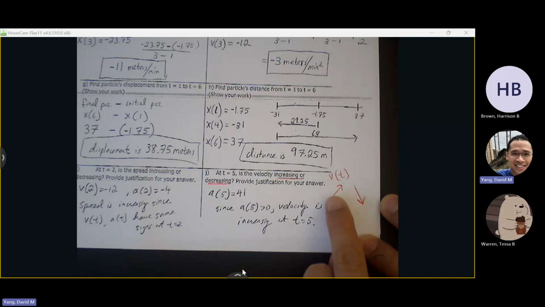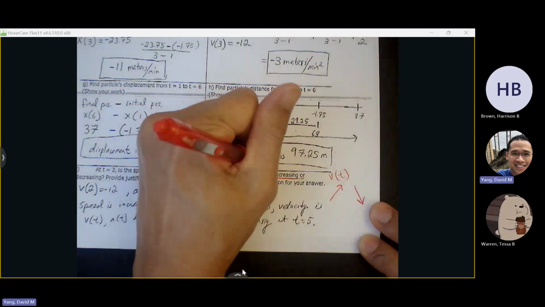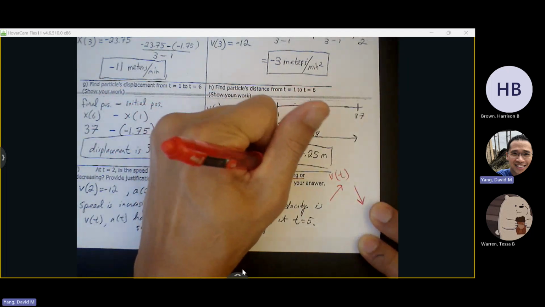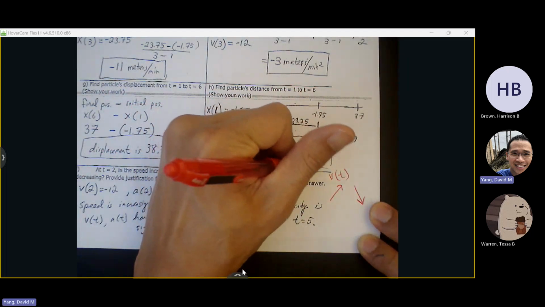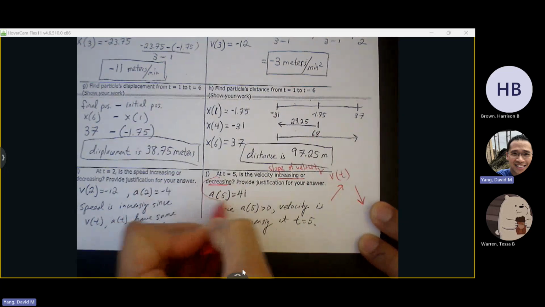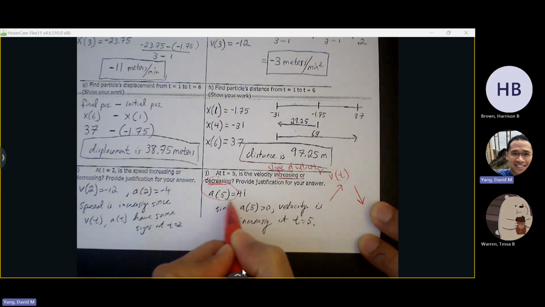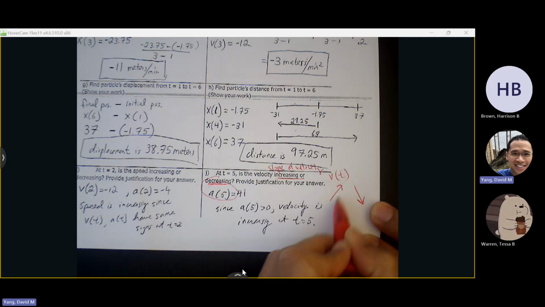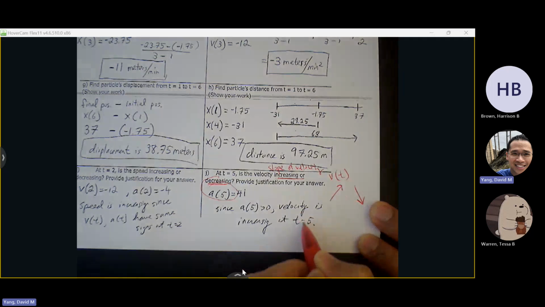If I'm talking about whether a velocity graph is rising or falling, I'm talking about the slope of velocity, which is the rate of change of velocity, which is acceleration. Since acceleration is a positive 41, the slope of velocity is positive. Therefore, my velocity is increasing.